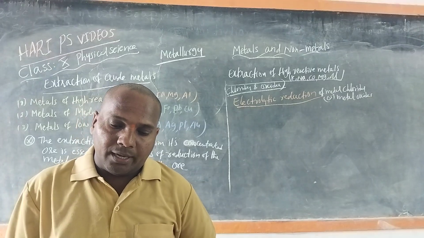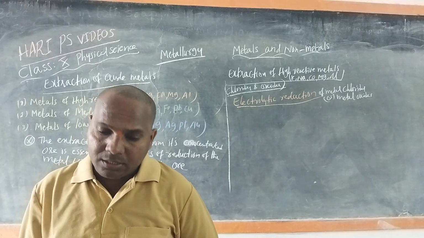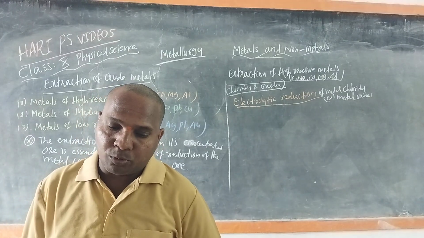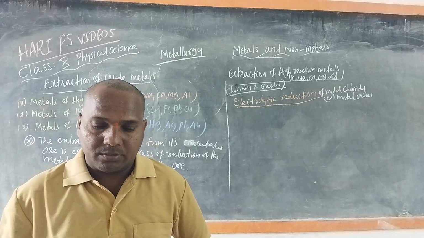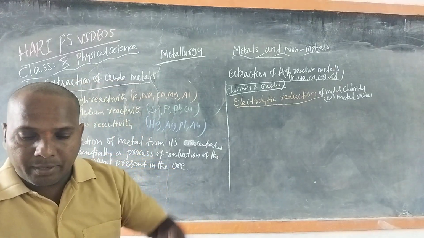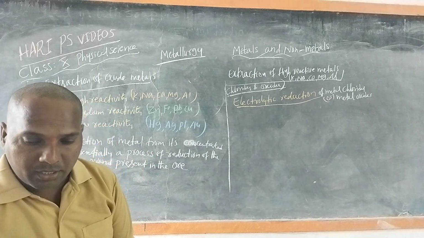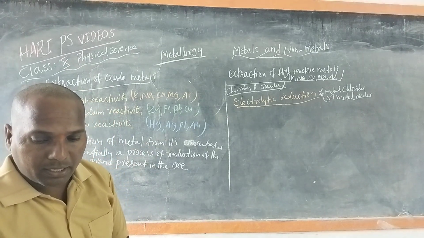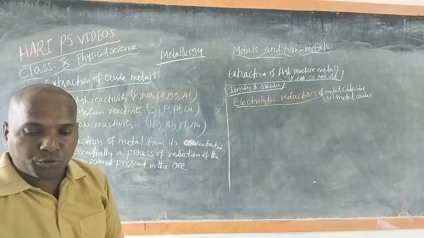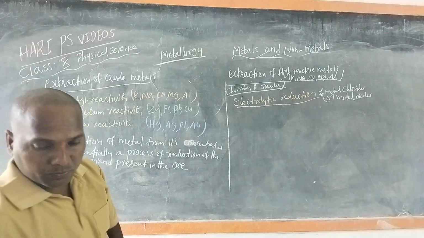During the electrolysis of molten salts, the metals are always produced at the cathode. When a molten metal chloride is electrolyzed by passing electric current, the pure metal is produced at the cathode.